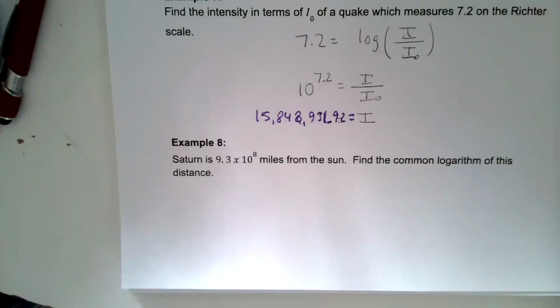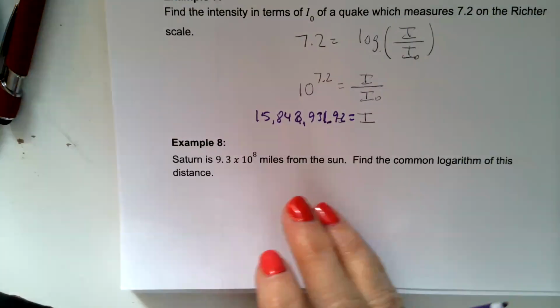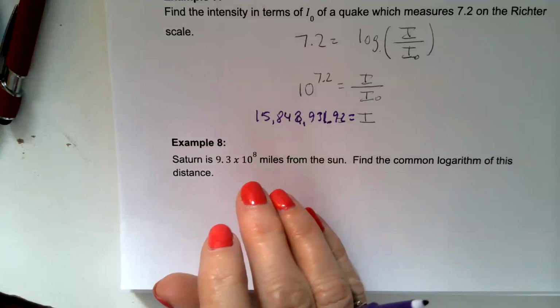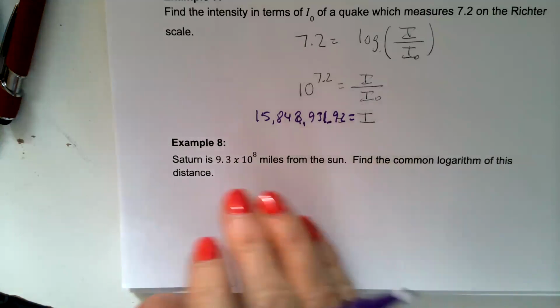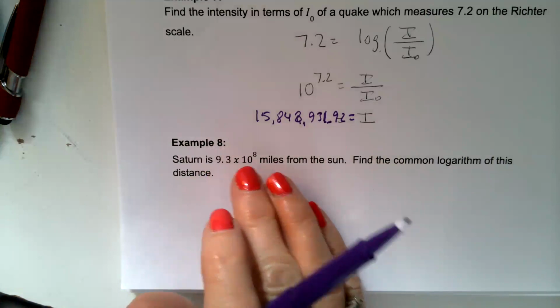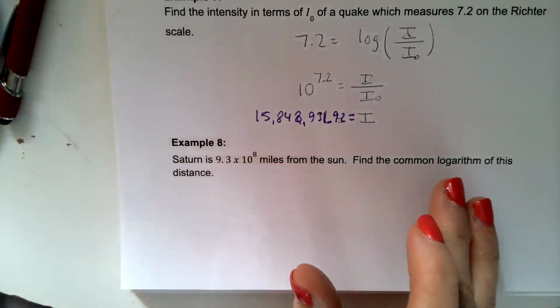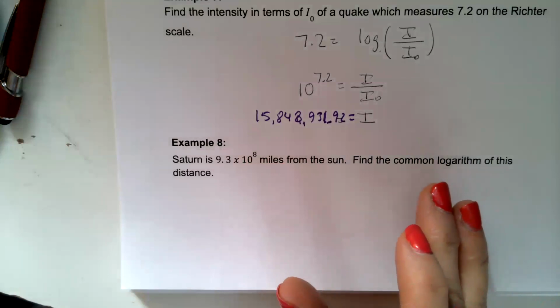Okay. Distance can also be put in terms of logarithms. So it says Saturn is 9.3 times 10 to the 8th miles from the sun. Find the common logarithm of this distance.